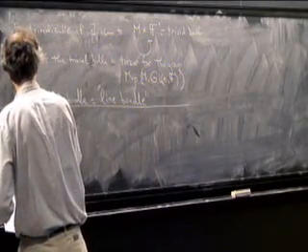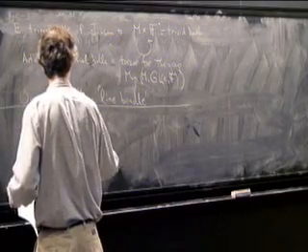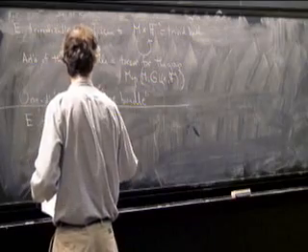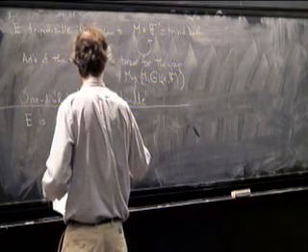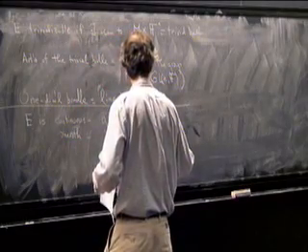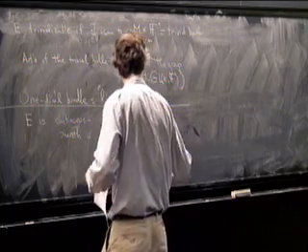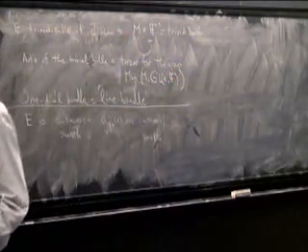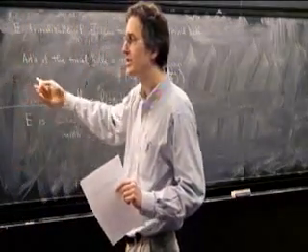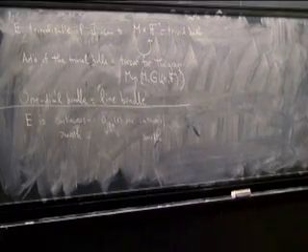So E is continuous or smooth if the g_beta_alpha(x)'s are continuous or smooth. So what I mean is that if I have a smooth vector bundle, that means that there exist trivializations such that the g_beta_alpha are smooth.